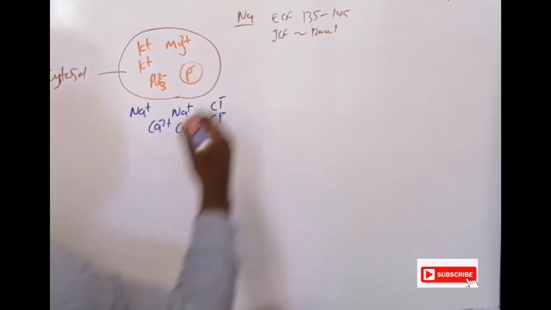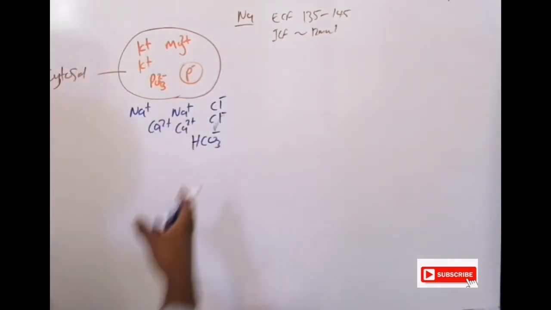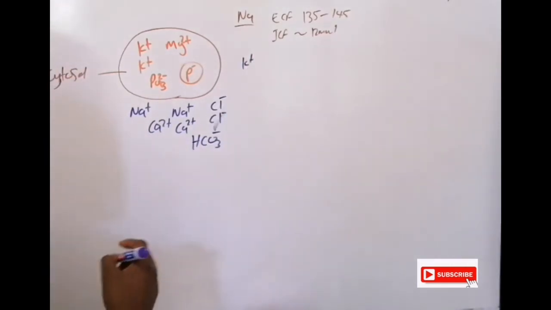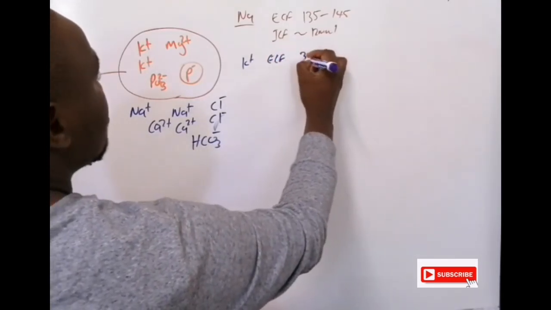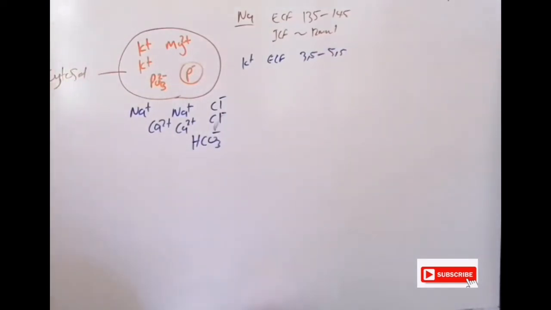And coming to potassium also, the body tries by all means to make sure that the potassium outside the cells in the extracellular fluid is about 3.5 to 5.5 at all times.